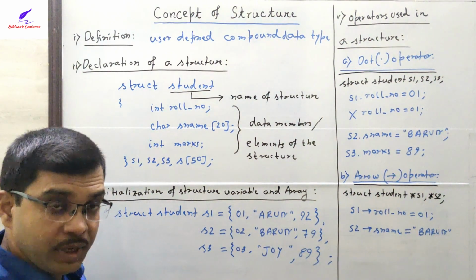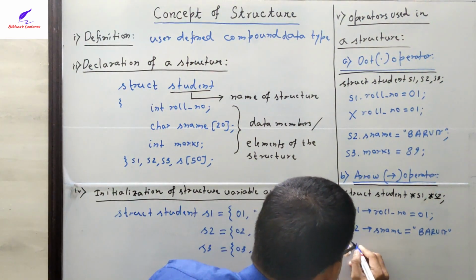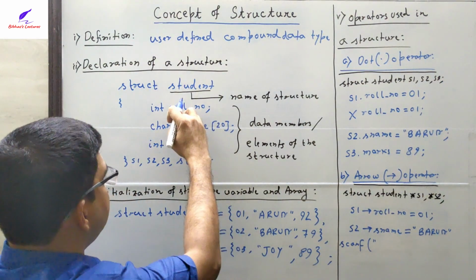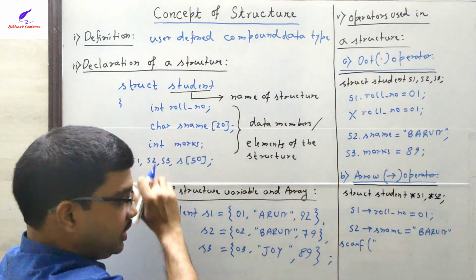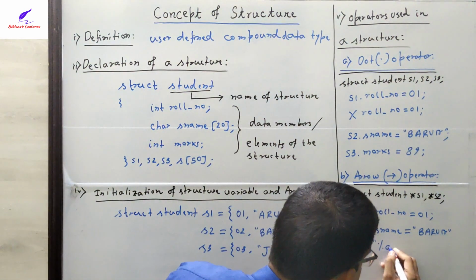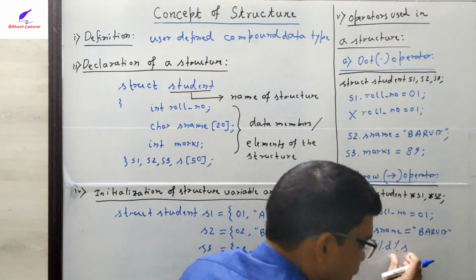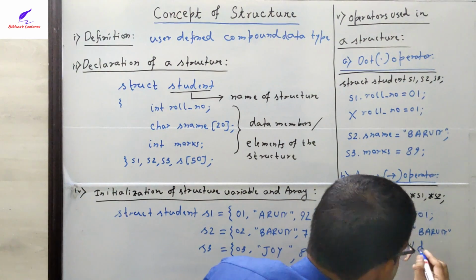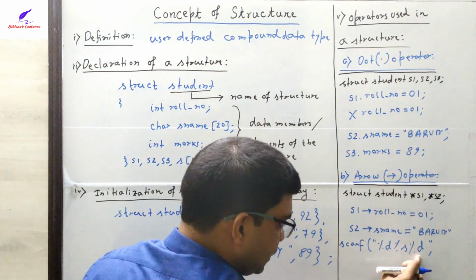Now here you can check that we have initialized the values directly. Similarly, if you want to take the values from the user, you can call the scanf function. We want to take the integer value roll number, then a string, and then marks. For roll number it is integer type, so the format specifier is %d, then student name is string type, so the format specifier is %s, and then the marks obtained by the student. Marks is an integer type, so the format specifier is %d.